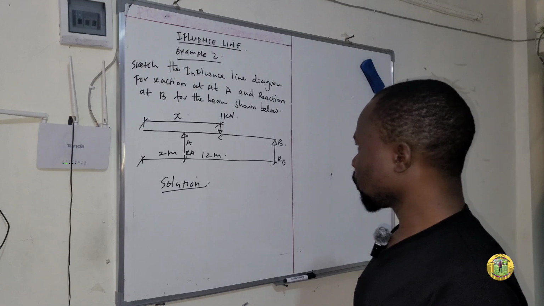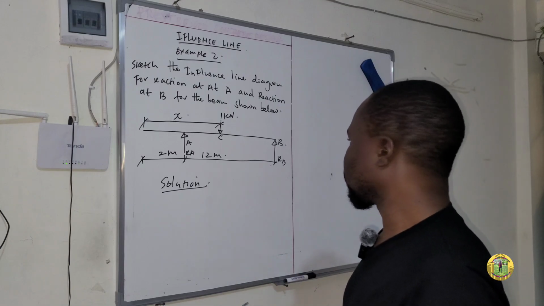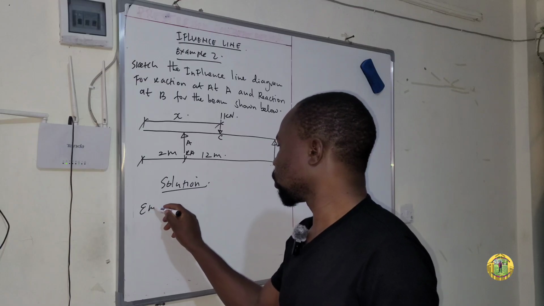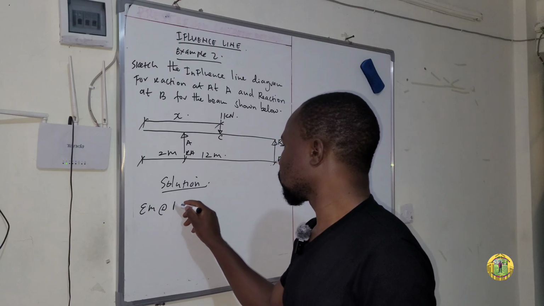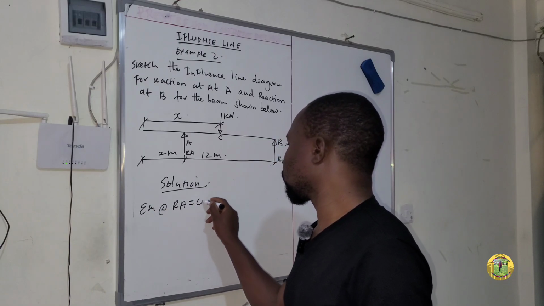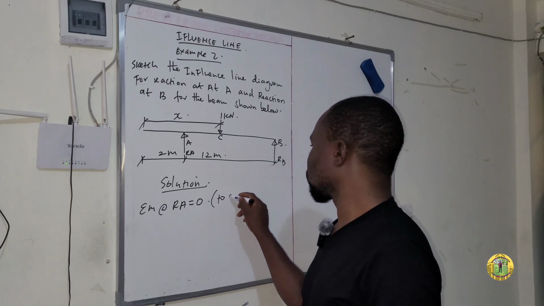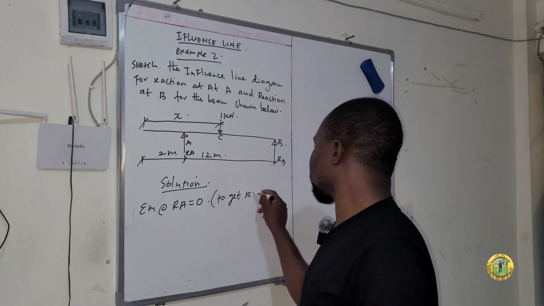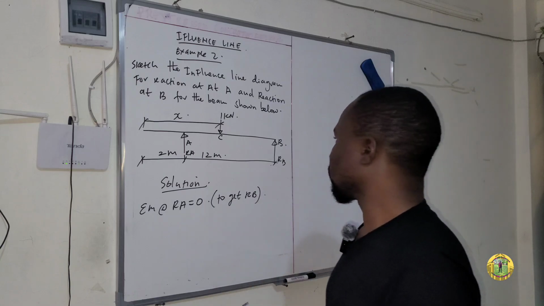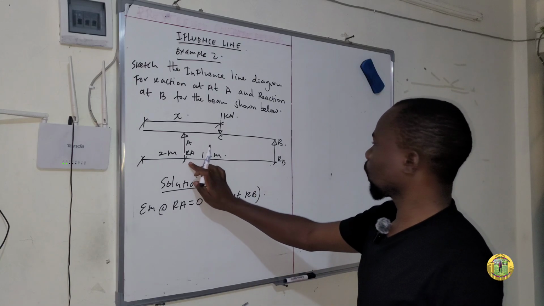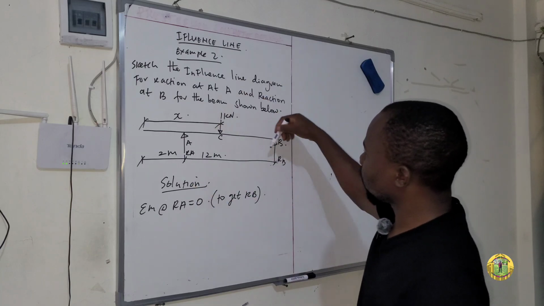So to get reaction A and reaction B, sum moments at any point. So summation of moment at A is equal to 0. So this one will help you to get RB. So in which direction is B moving in reference to A? It is moving anti-clockwise.